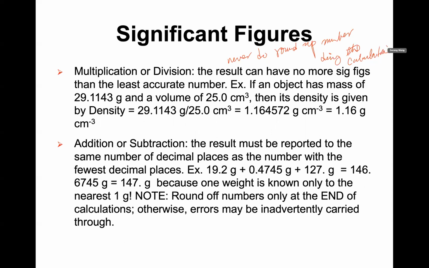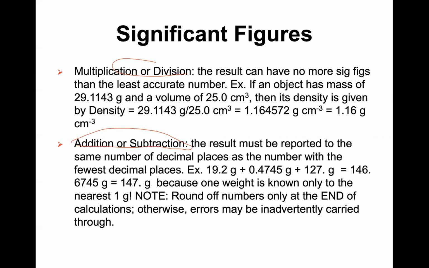You do the rounding after you finish all the calculations. For calculations, most of the time we do multiplication and division, and addition and subtraction. For those two types of calculation, we have two general rules to follow.